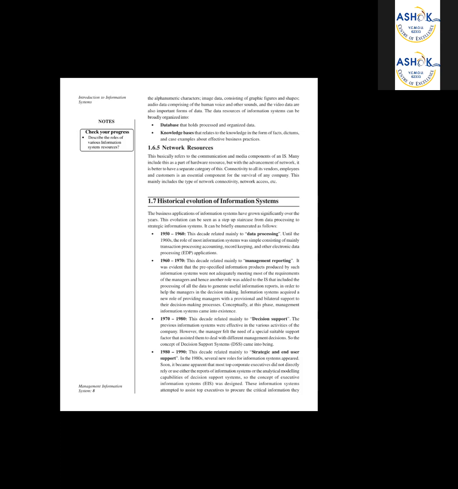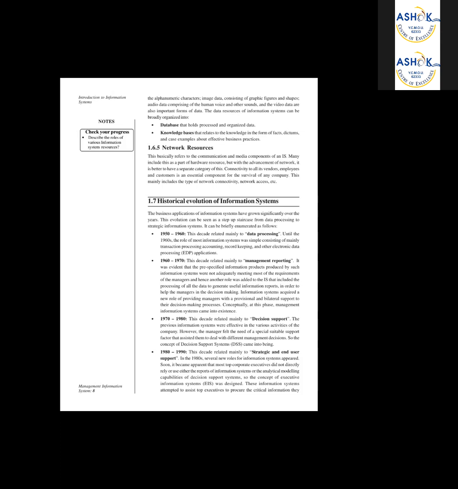Fourth, 1980 to 1990. This decade related mainly to strategic and end user support. In the 1980s, several new roles for information systems appeared. It became apparent that most corporate executives did not directly use either the reports of information systems or the analytical modeling capabilities of decision support systems.